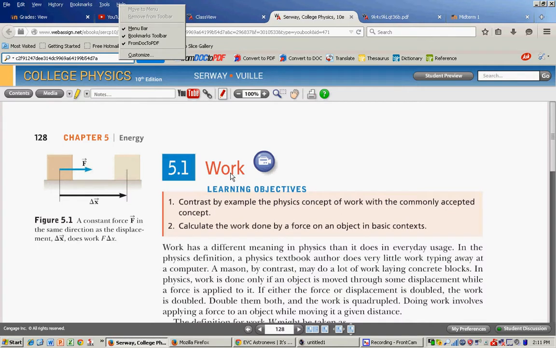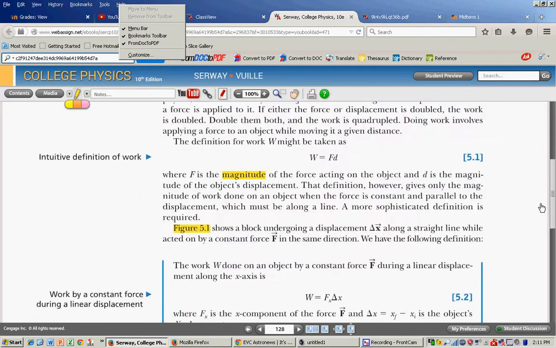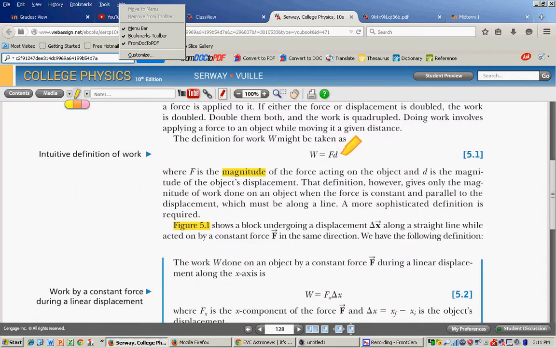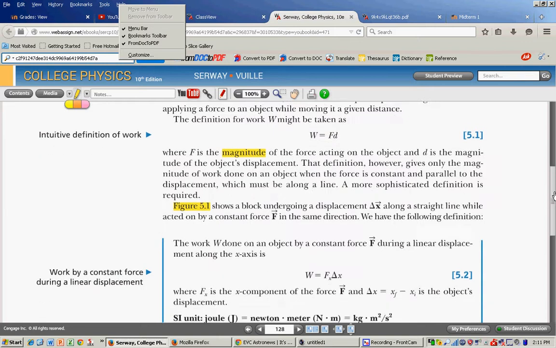So the first concept here to be considered is the concept of work. So work is the product of a force times displacement. The unit of work is called energy, joules.